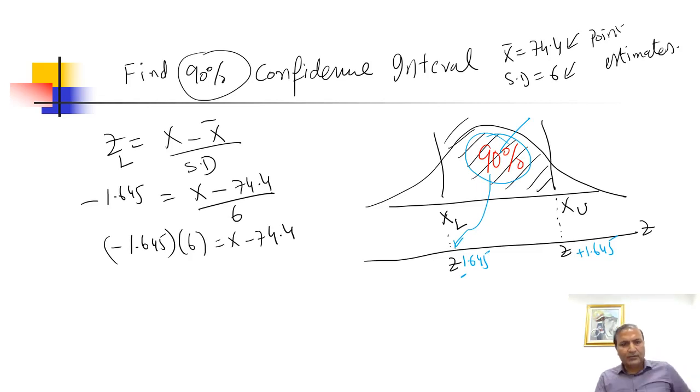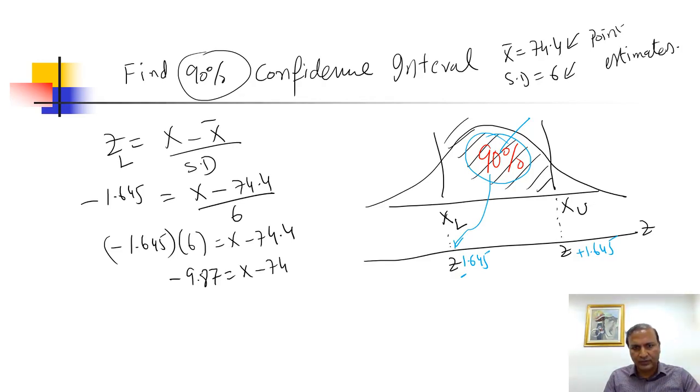Now I have to multiply them. Let me use my calculator: 1.645 multiplied by 6 is minus 9.87, equal to x minus 74.4. So x will be equal to 74.4 minus 9.87, and the answer, let me calculate, is 64.9.